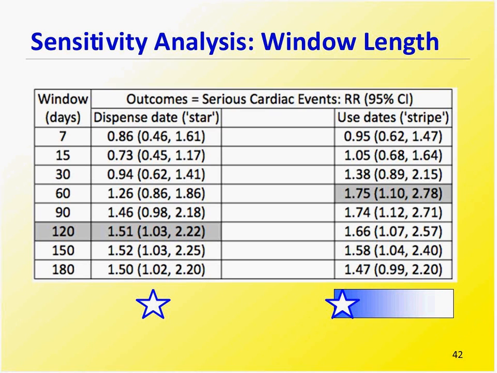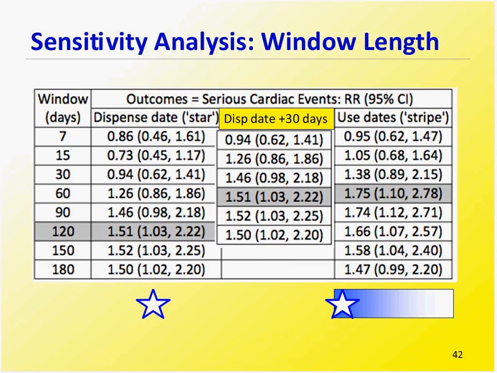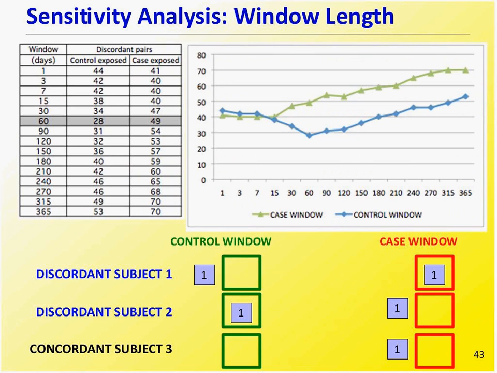So there's two ways of doing the analysis. One is to design your window in a way that's broader and you don't have to worry as much about the stripe, or you put much more emphasis on trying to understand what's happening in the stripe.